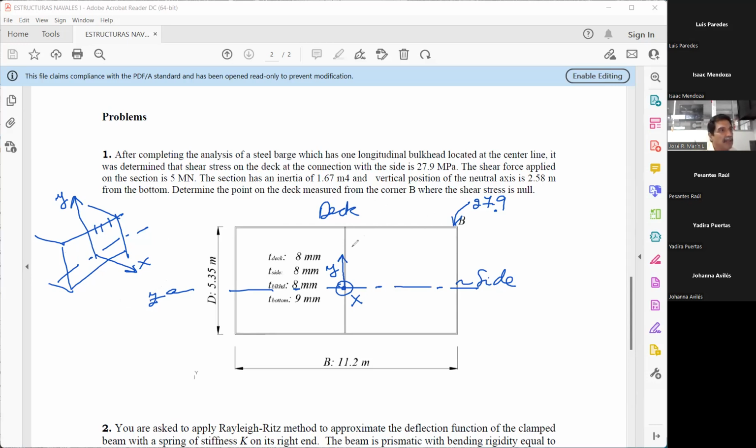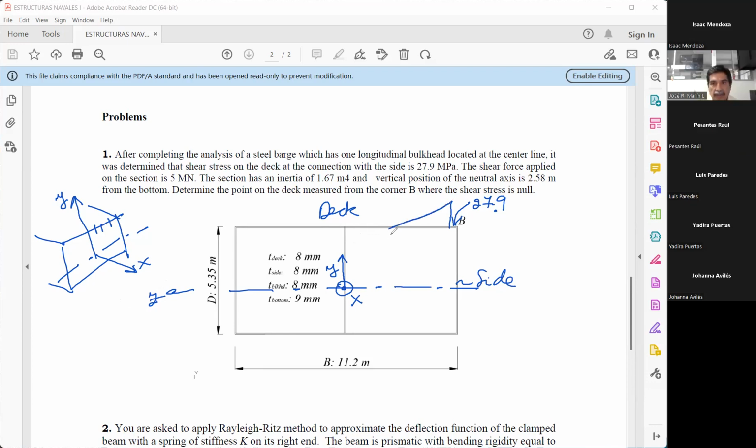Linear. Yes, linear. So if I have a value here, I'm going to have a linear distribution. If I do an analysis, let me erase that because that's not a straight line.